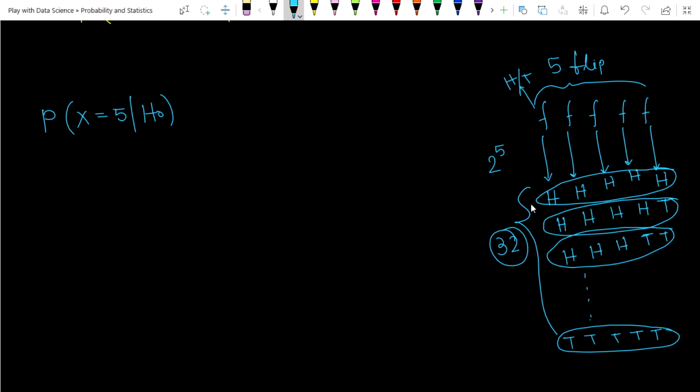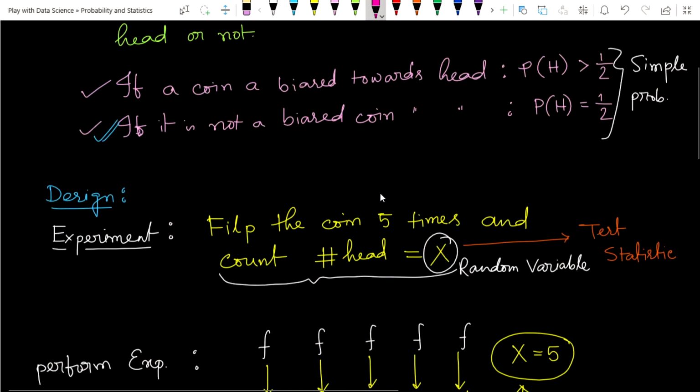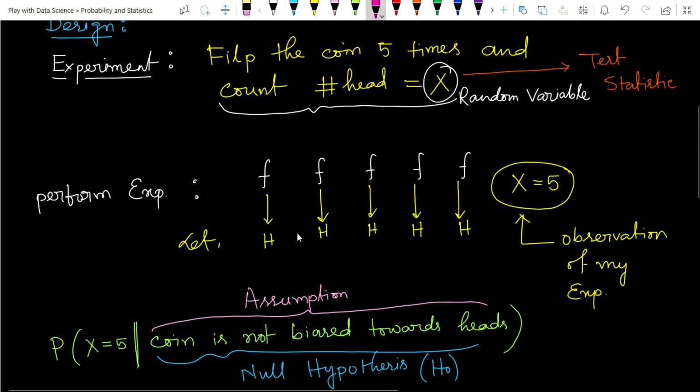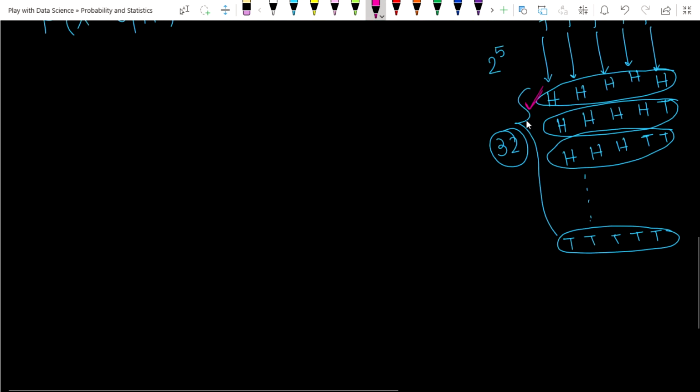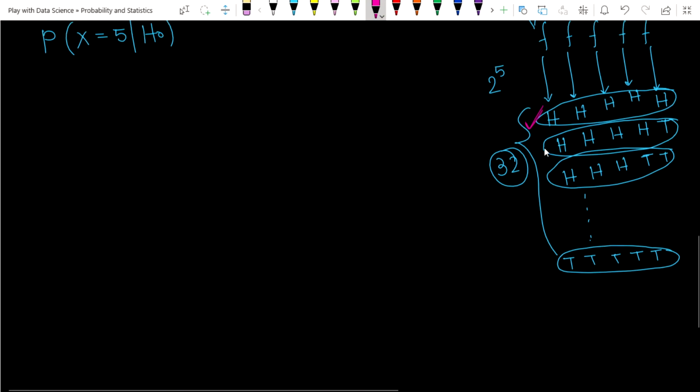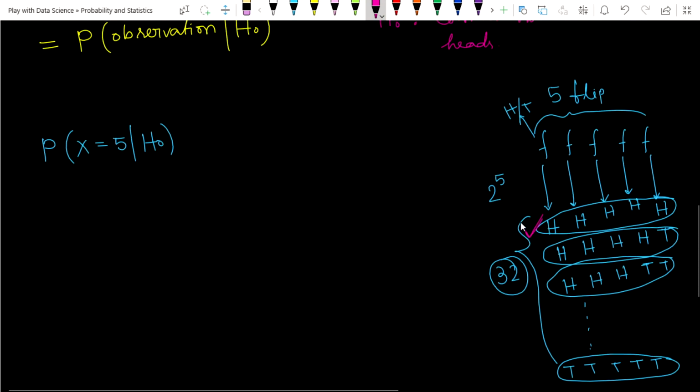Based on these 32 outcomes, we got only one output; I have taken 100 examples. Among all these 32 output values we got only this one. So what will be the probability of this?